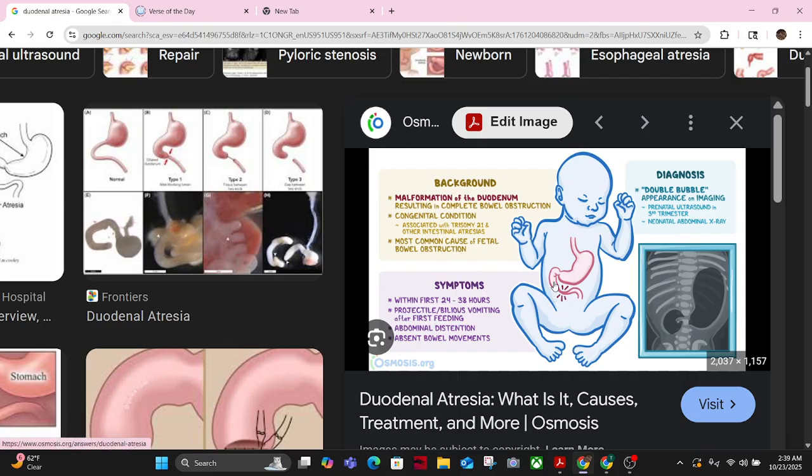See, this part is closed off, and you will see a double bubble sign on the x-ray. It's a complete bowel obstruction. You'll see bilious vomiting after the first feed because it can't go down, so it will come up. And absent bowel movements. Yeah, you'll see the double bubble sign on imaging.